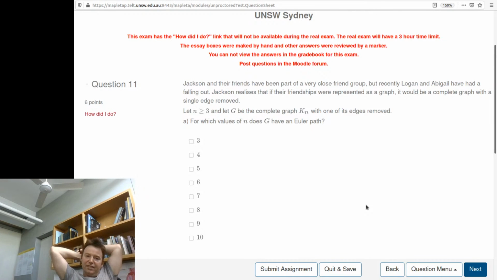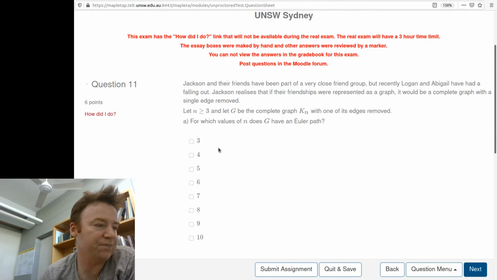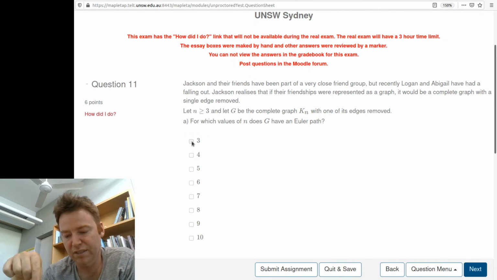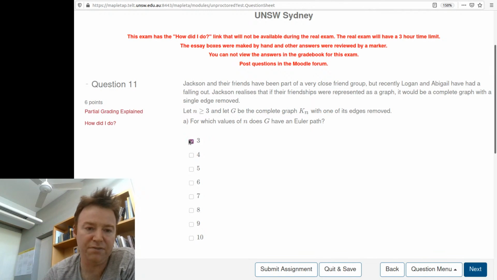Now, Euler path means exactly 2 vertices of odd degree. So you've always got n minus 1 edges. In this case, you've got K equals 3. That's a triangle, and you remove one of the edges, and you've got 2 vertices of degree 1. That's fine. Here, everything has degree 3, except for 2 of them that have degree 2.